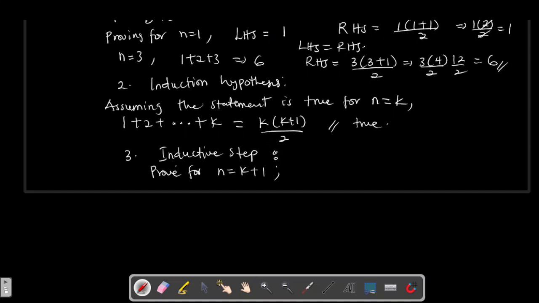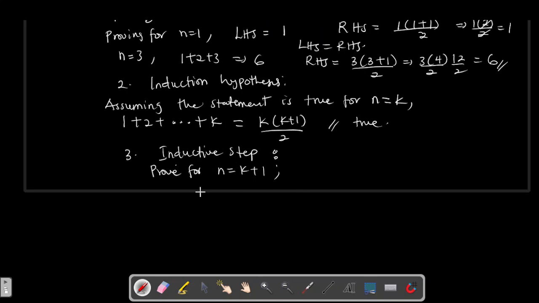At the inductive step, you go back to the statement. Now you are looking for n, where n is k plus 1. That is the next term after k. So our statement then becomes 1 plus 2 plus dot dot dot plus k, then plus k plus 1, because we are looking for the k plus 1 term. This should be equal to, now the right hand side is just a placeholder.